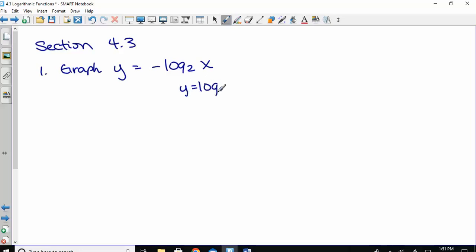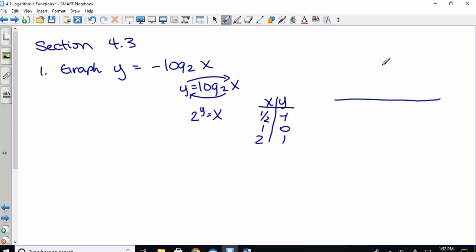My parent function is just your regular log. What did we do to these in order to be able to graph them? Yeah, we had to make a t-chart. We wrote it in exponential form. So when we make our t-chart, we're plugging -1, 0, and 1 in for the y because those are the exponents. So 2 to the -1 is 1/2, 2 to the 0 is 1, 2 to the first is 2.